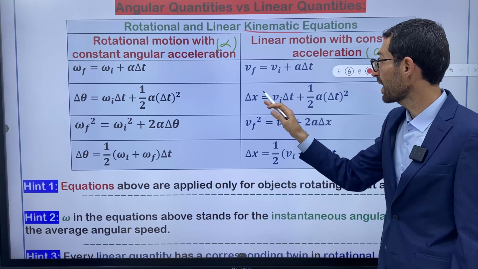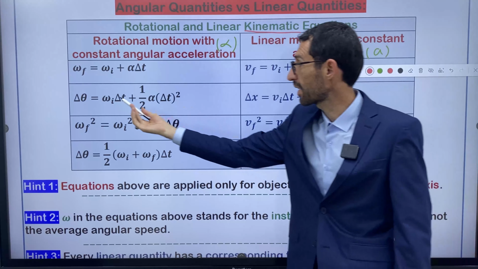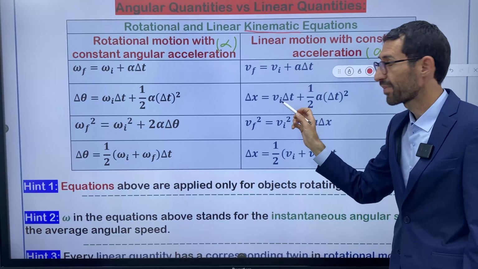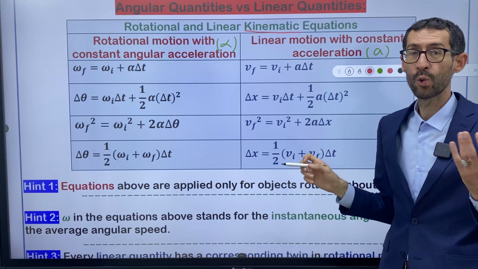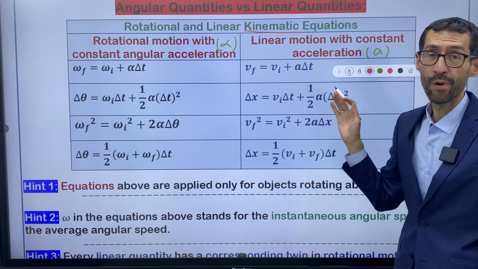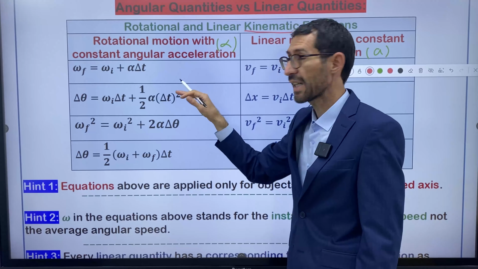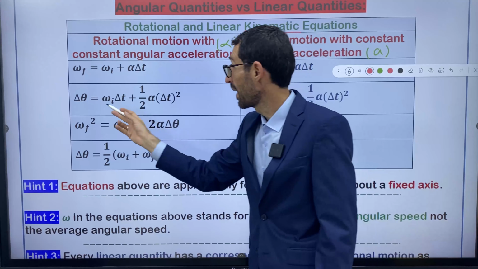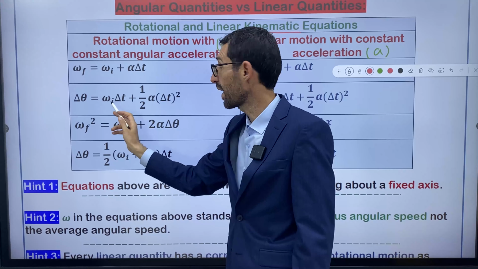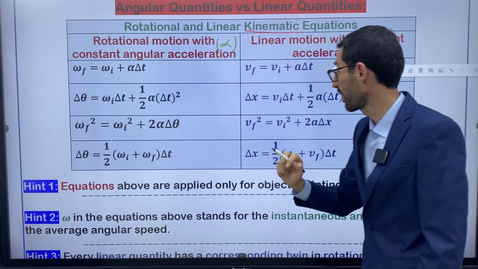So delta x has a rotational twin, which is delta theta. V has a rotational twin, which is omega, and alpha for a, right? So the second equation for rotational motion: delta theta is equal to omega initial delta t plus 1 over 2 alpha delta t squared.